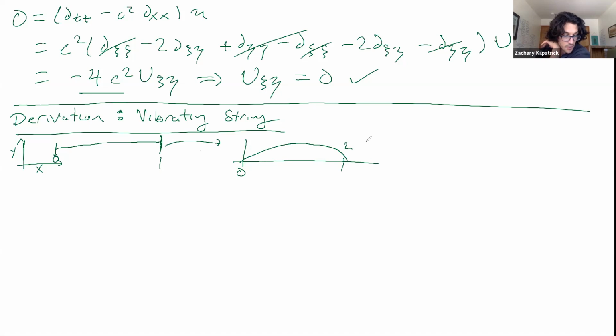And our coordinate now is going to be what the position is of the string in two-dimensional space, relative to where it would be at equilibrium.